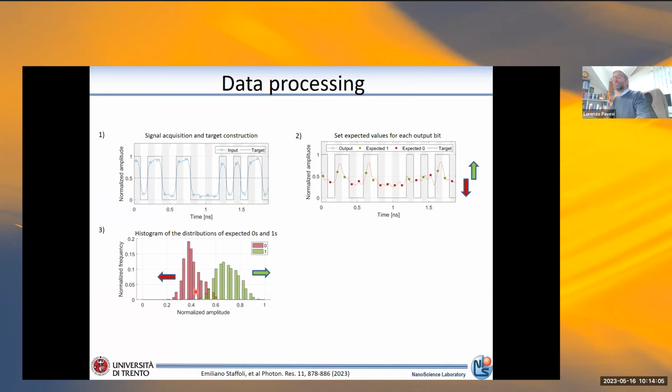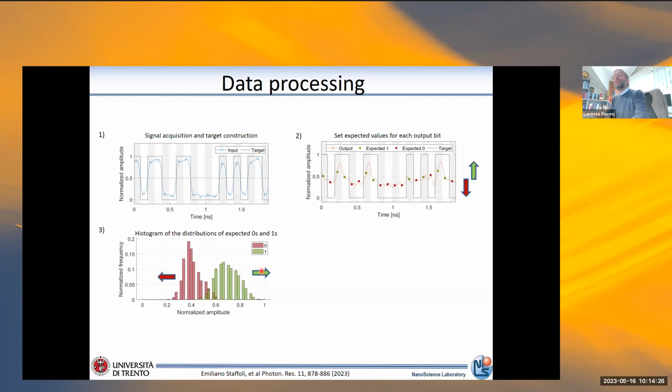In this overlapping region, we lose information about whether the bit is 1 or 0. So what we want to do is teach our network to separate these histograms again, meaning to clearly separate the ones from the zeros.